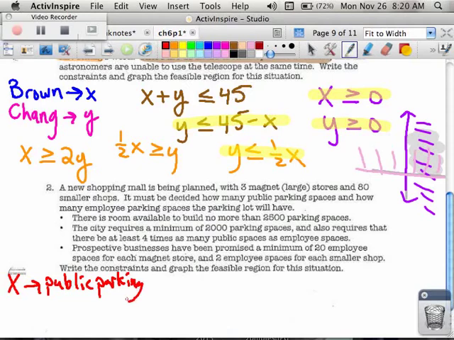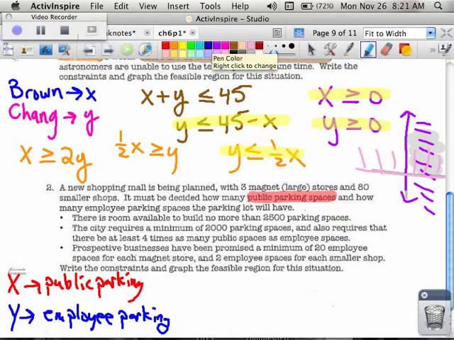And that was from one of the things that we were talking about inside of here, public parking spaces. I'm going to make my Y then the other stuff, which in this case was the employee parking. And that also was from the paragraph where they talk about employee parking.